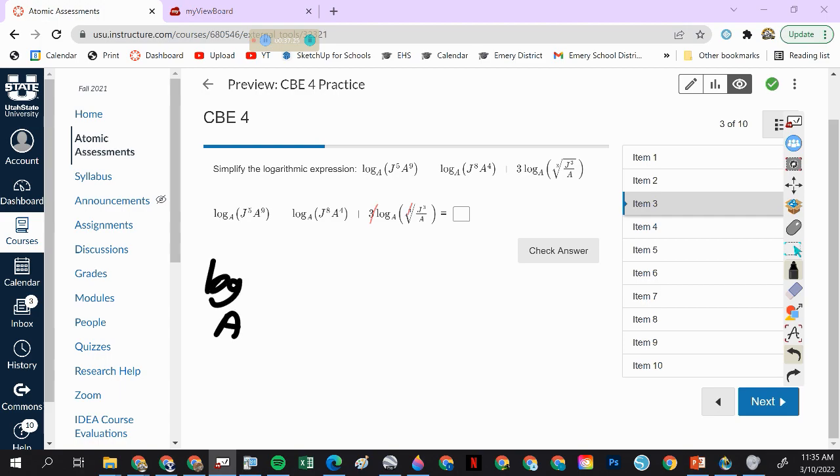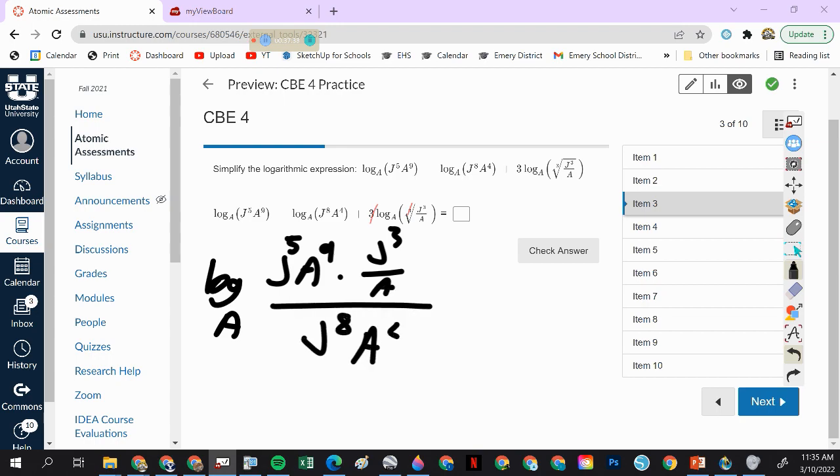Log base A, j to the 5th, a to the 9th times j to the 3rd over a over j to the 8th, a to the 4th. So this a turns that into an 8. And this 4 turns that into a 4. And these 8 j's cancel that j. So we get log base a of a to the 4th.